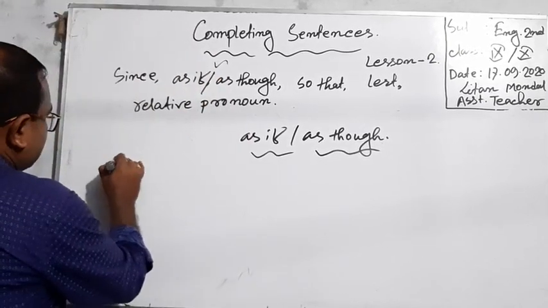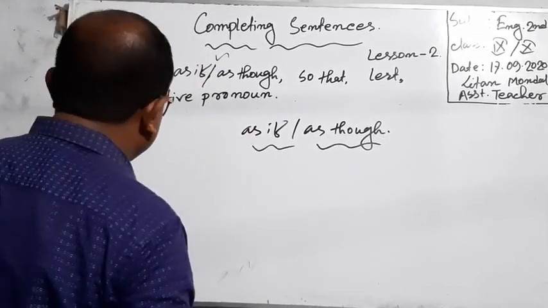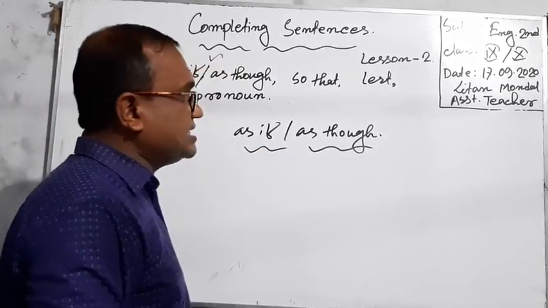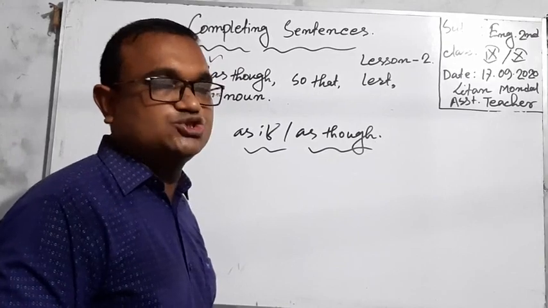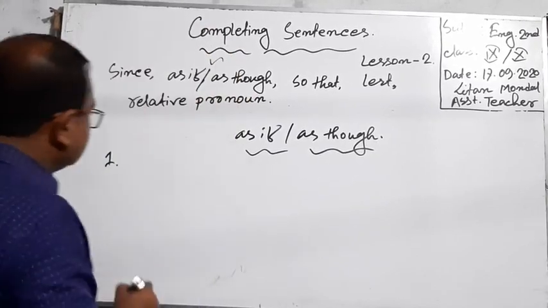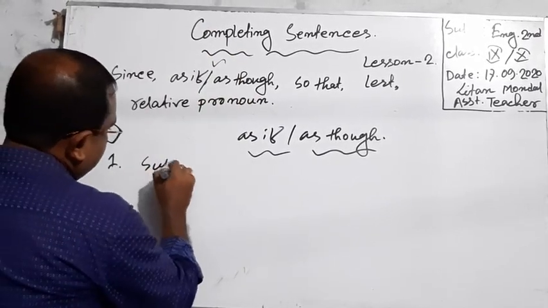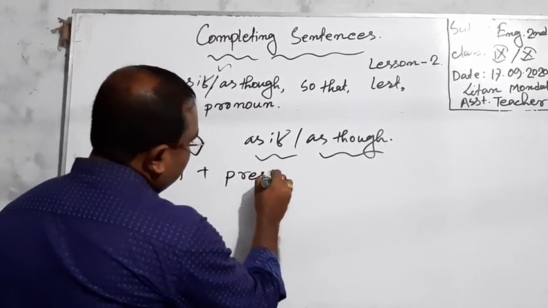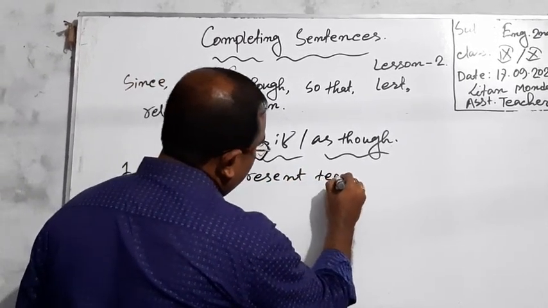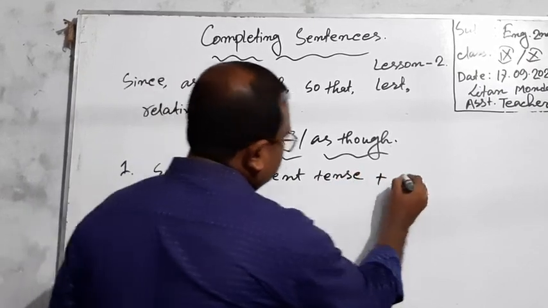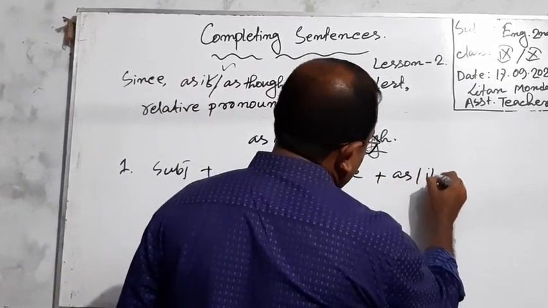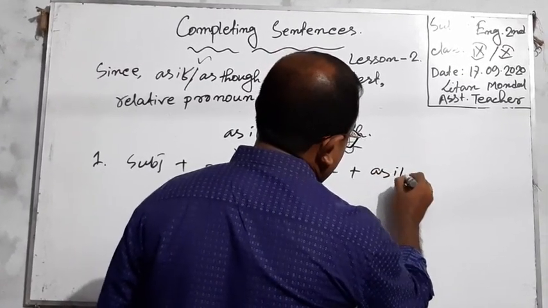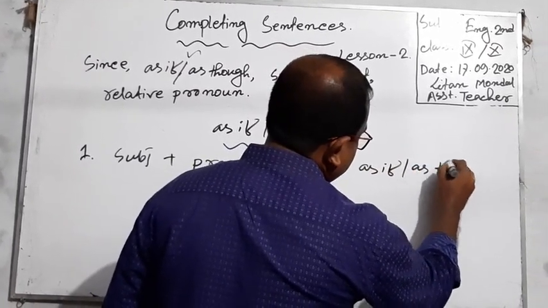Let's see the structure. This as if and as though also take two structures. The first one is subject plus present tense plus as if or as though.